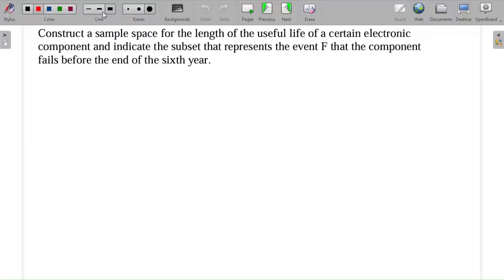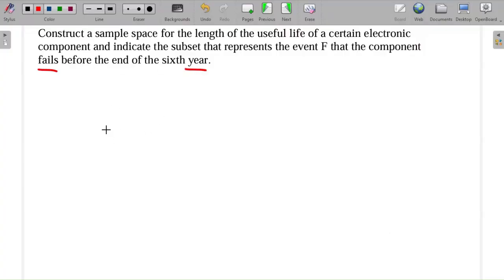Let us look at this question where we're trying to construct a sample space for the useful life of a certain electronic component. The question says construct a sample space for the length of useful life of a certain electronic component and indicate the subset that represents the event that the component fails before the end of the 60th year.